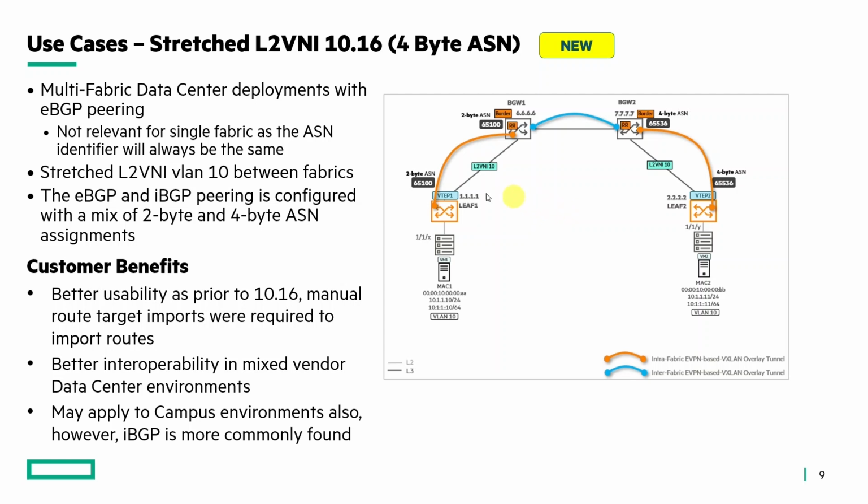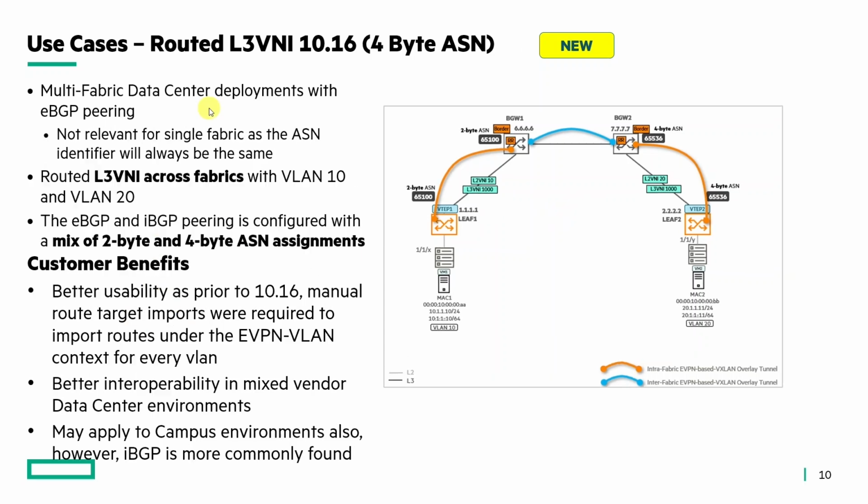And this is just the L2 VNI stretch VLAN case. But what is new is the support to be able to do route target imports with EVPN between different ASN number representations, as you see here. And the same customer benefits that I mentioned on the prior slide.